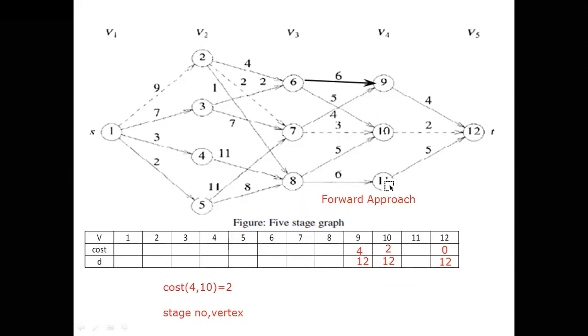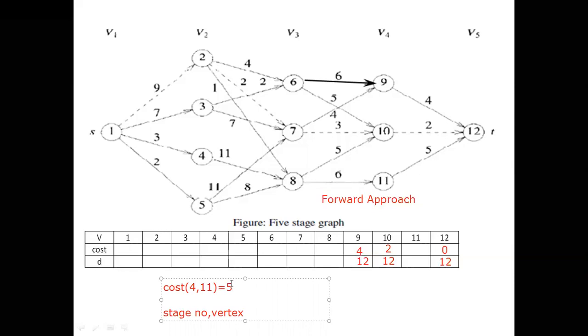Next, the last vertex in stage 4. It is 12, right? Sorry, it is 11. Fourth stage only, it is 11. What is the value? 11 to 12, because the destination is 12. What is the value? It is 5. Right?